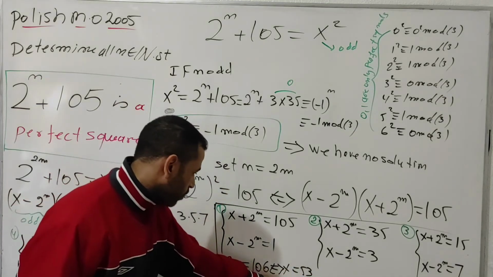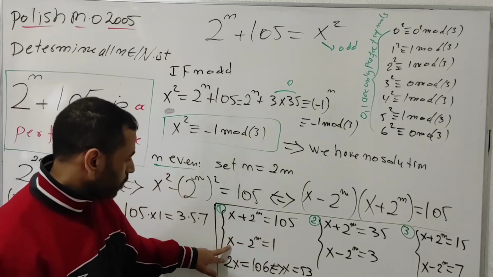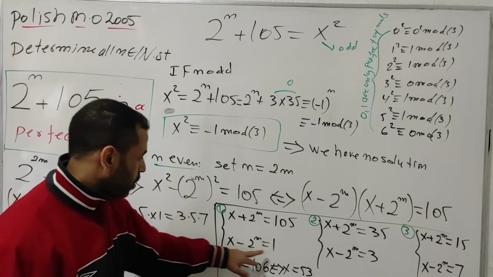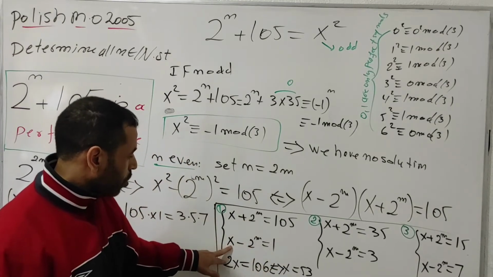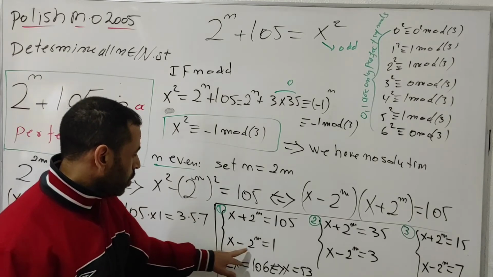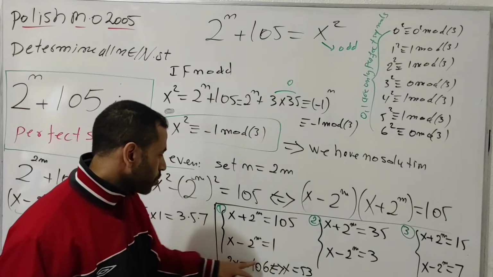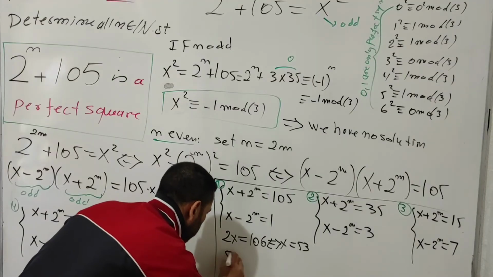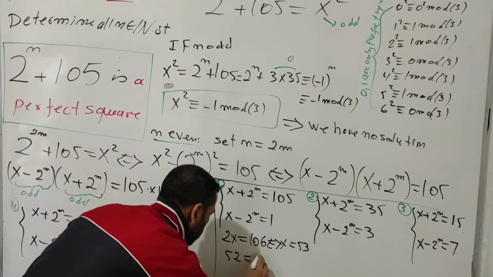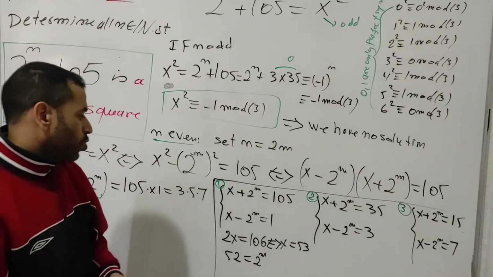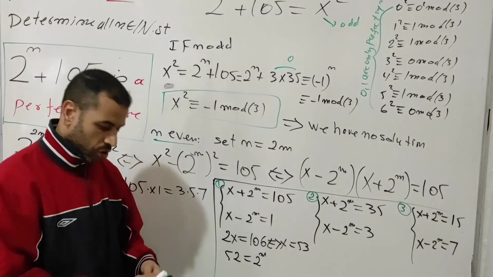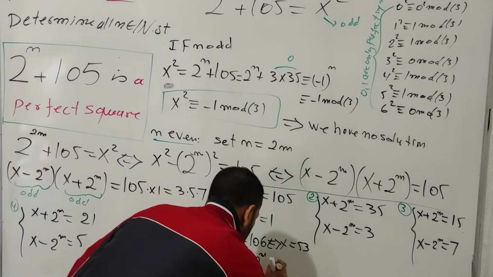By plugging this into the second equation, I get 53 minus 1, which is 52, so 52 equals 2 to the m. 52 is not a power of 2, so it's not a solution. You can put no.